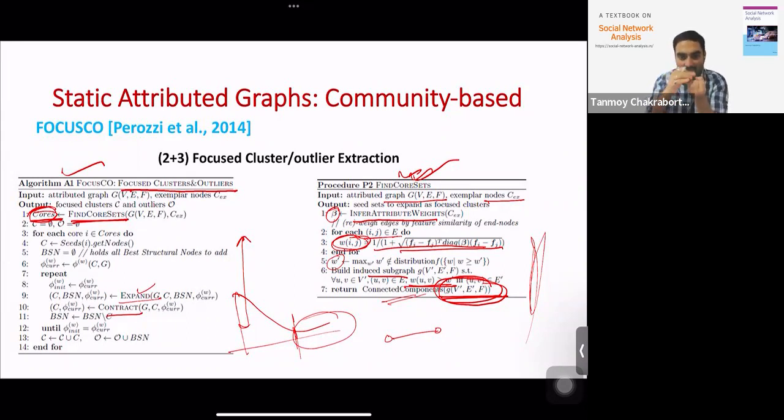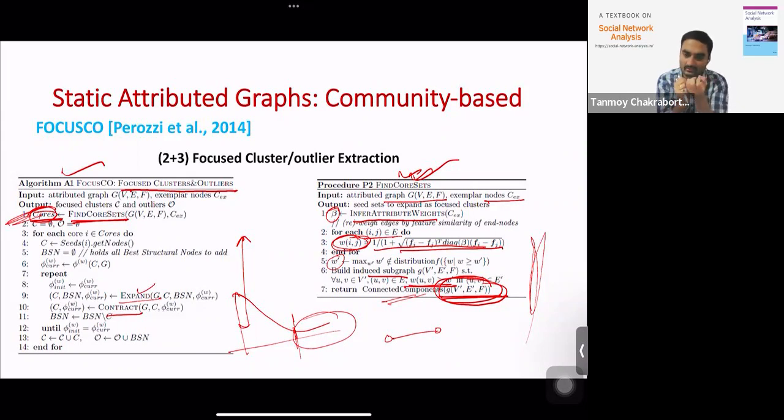While doing so, if you see some nodes which have been removed from this core, that's the outlier with respect to that core. Similarly, you take another core, because remember, in this core set you have multiple such connected components, and we assume that each connected component is a cluster.